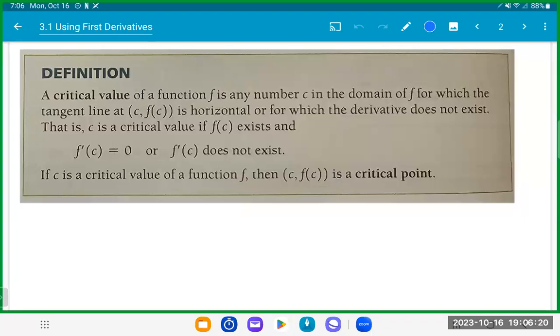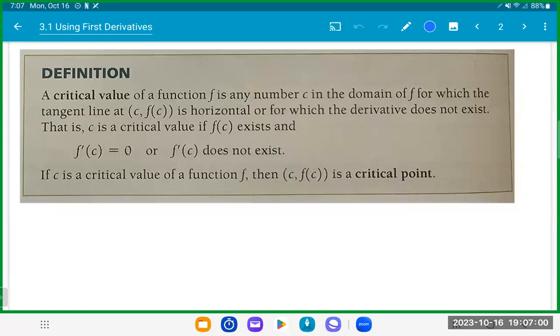Introducing a term, critical value. So our critical value is really a point or a number, it has to be in the domain, for which our tangent line is horizontal. Okay. And so when we look at our critical value, if we take the derivative and evaluate it at what we believe is a critical value, if it equals 0, right?